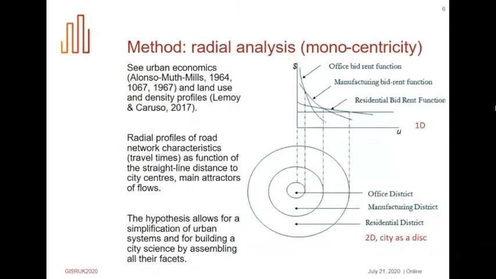Here, the analysis of urban form is described in accordance with the urban economics model of Alonso Mills, the monocentric city. So we are examining the radial profiles in relation to the road network characteristics, which is the theoretical simulated automobile travel distances and times on the network.